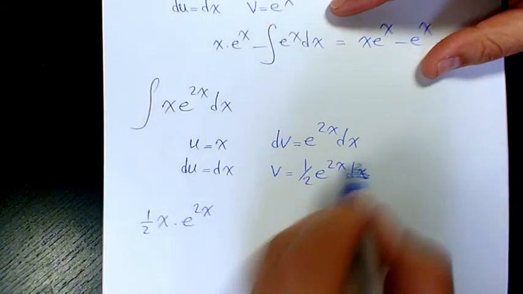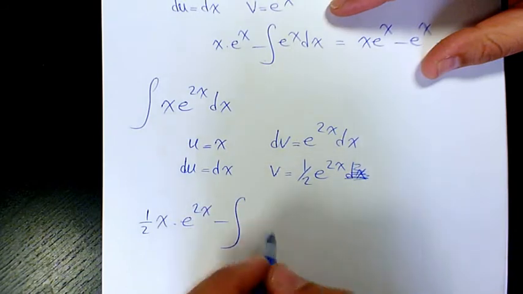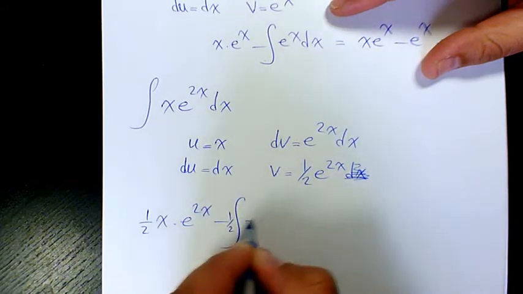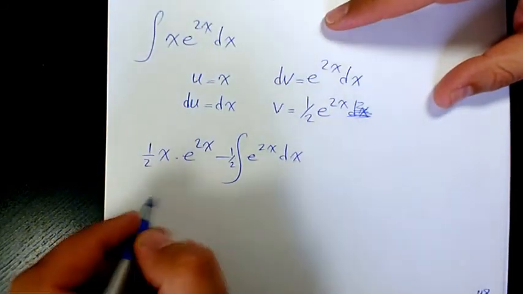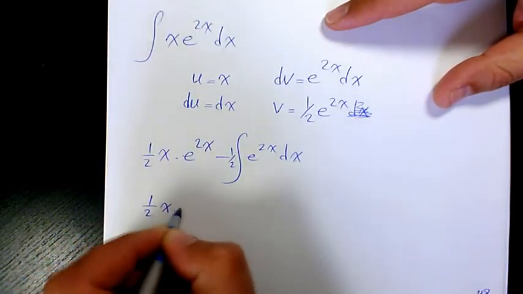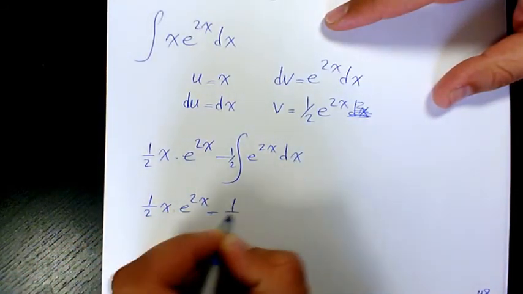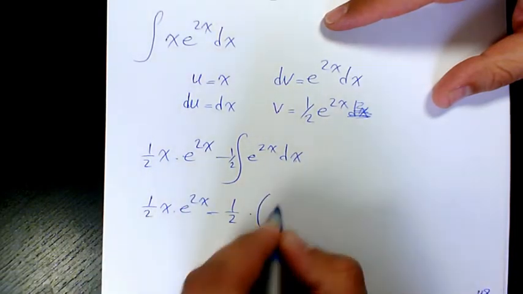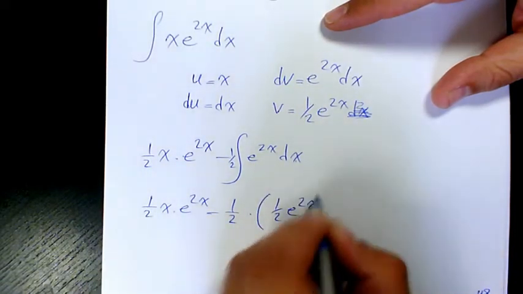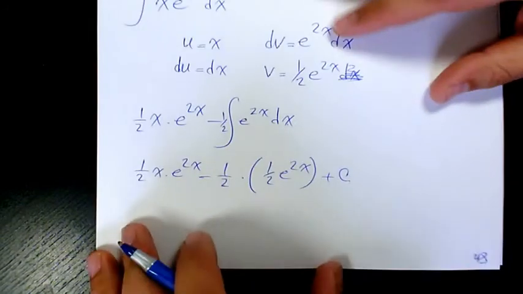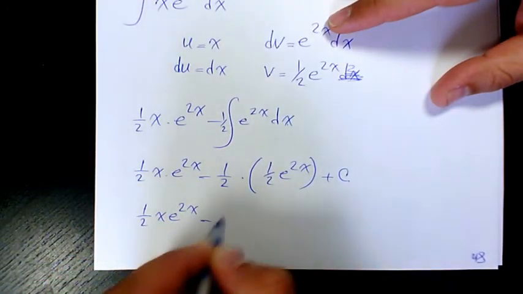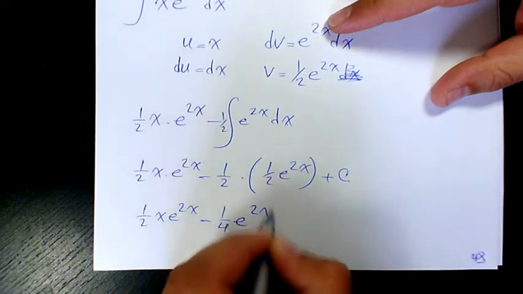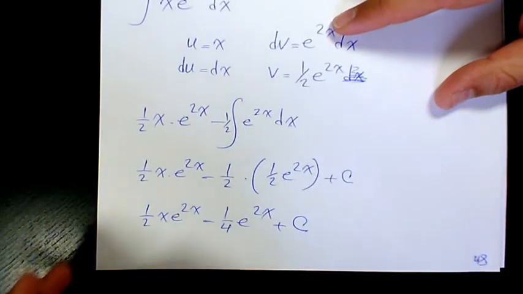There is no dx here. Minus v du, 1 over 2 e to the power of 2x dx. So that's going to be 1 over 2 x e to the power of 2x minus 1 over 4 e to the power of 2x plus c.